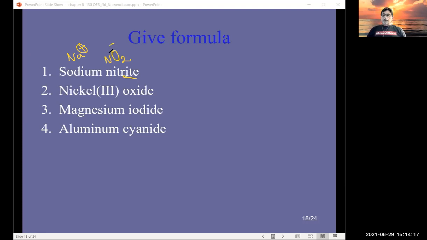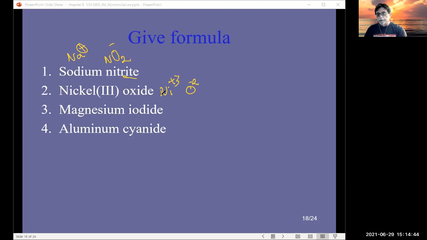It's NO2. So I can very quickly put it together with 1 sodium and 1 nitrite, because each one's a +1 and a -1 respectively. Nickel, Roman numeral 3, tells me that I'm using nickel +3, and the oxygen is a -2.